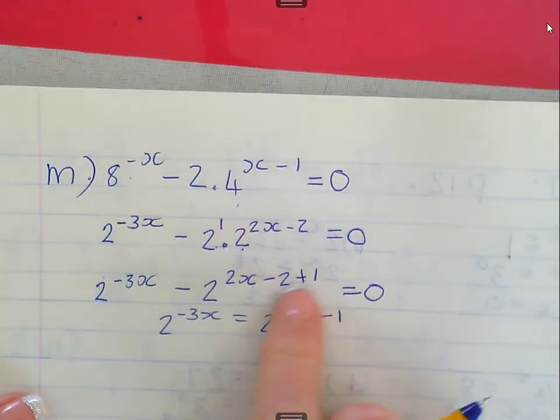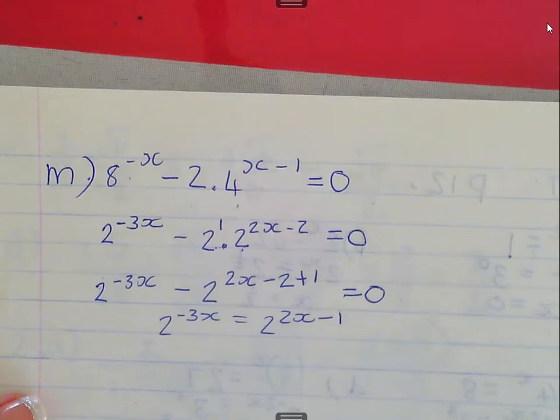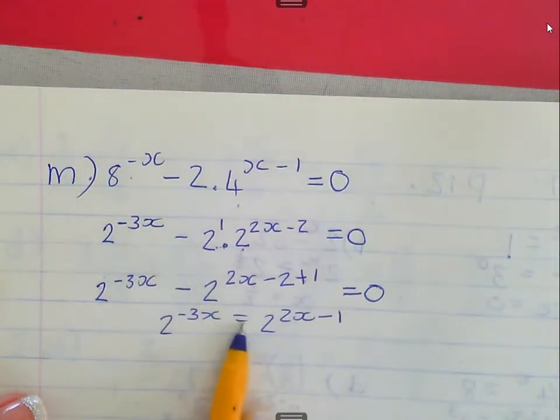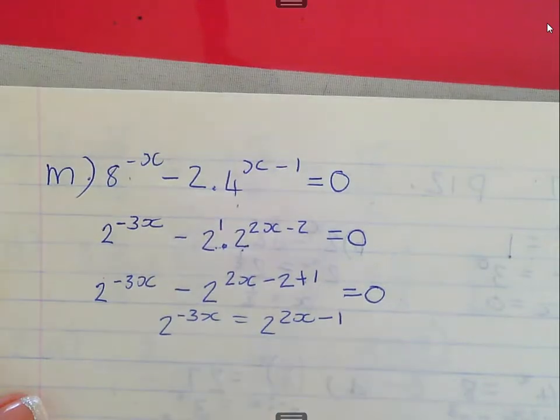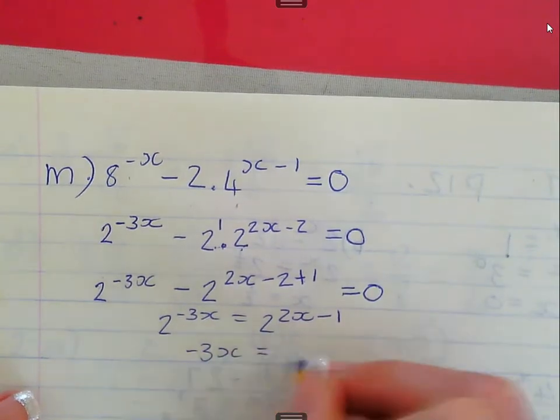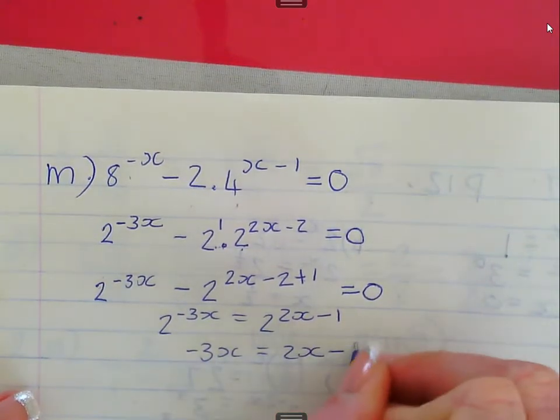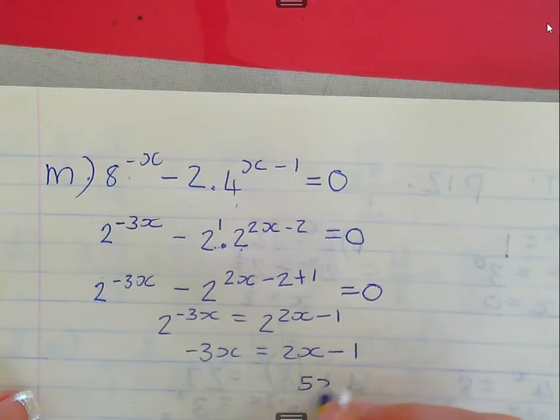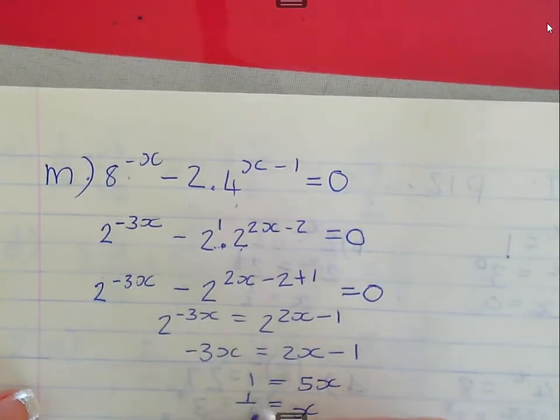I'm just adding that 1 to the negative 2, okay? And it's now on the other side and it became positive. And do you see now my bases are the same? I can throw them away. I have negative 3x equal to 2x minus 1, and then I've got 5x equal to 1, and then I've got x equal to a fifth.